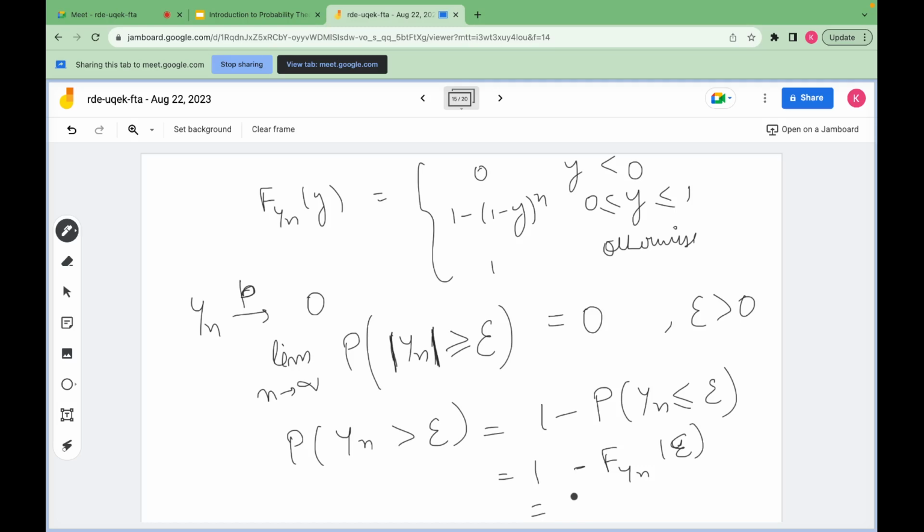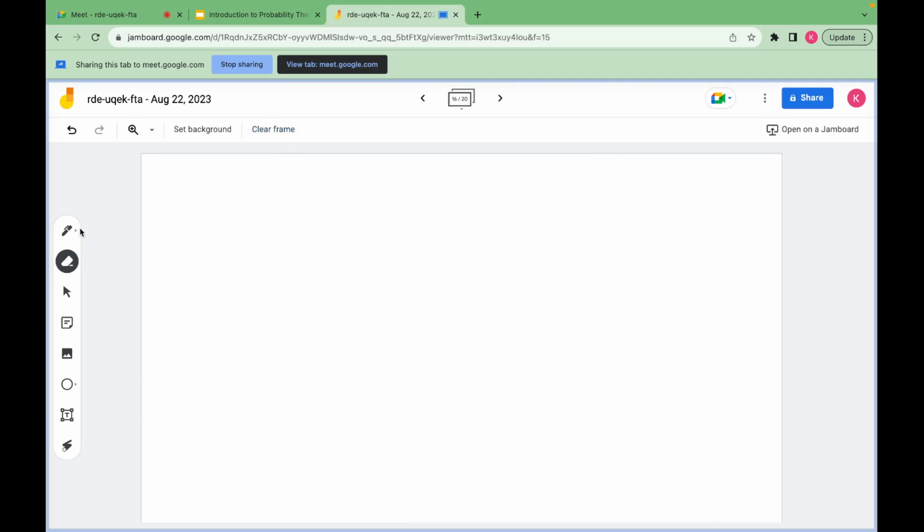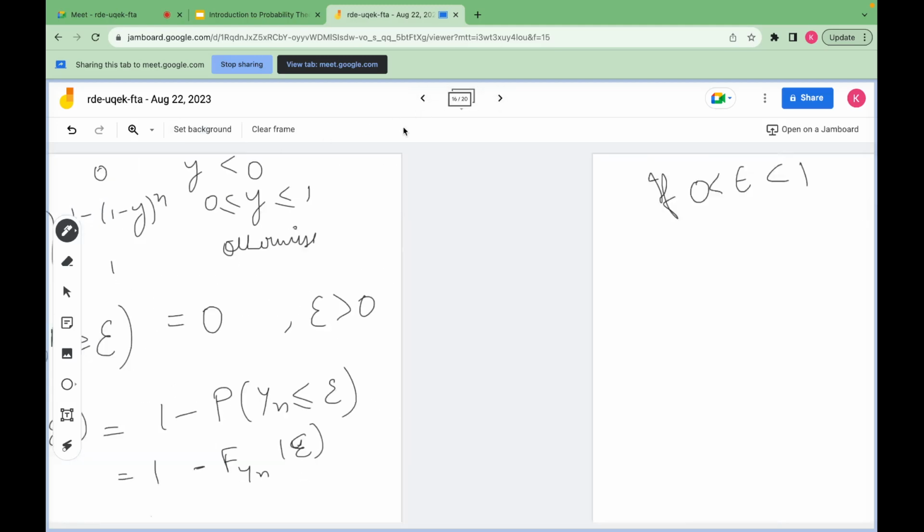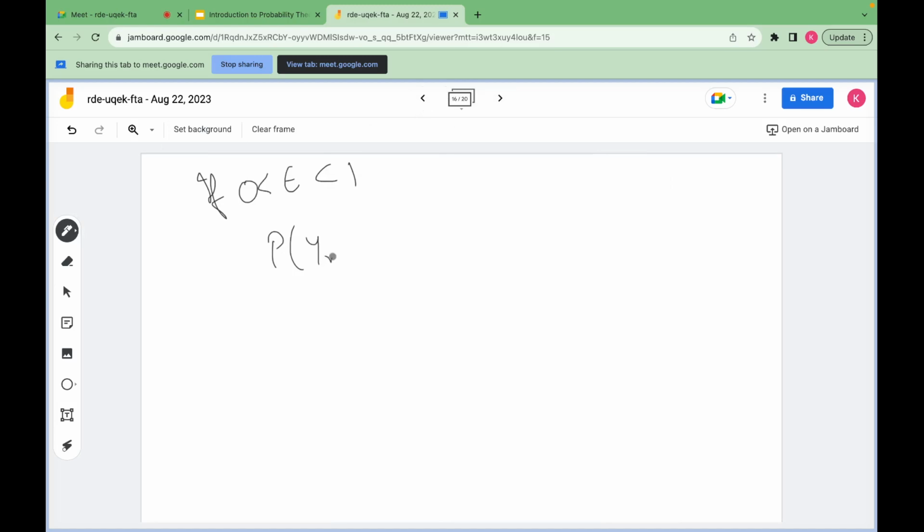So if epsilon is between 0 and 1, then the probability that yn is greater than epsilon becomes 1 minus the probability that yn is less than or equal to epsilon.